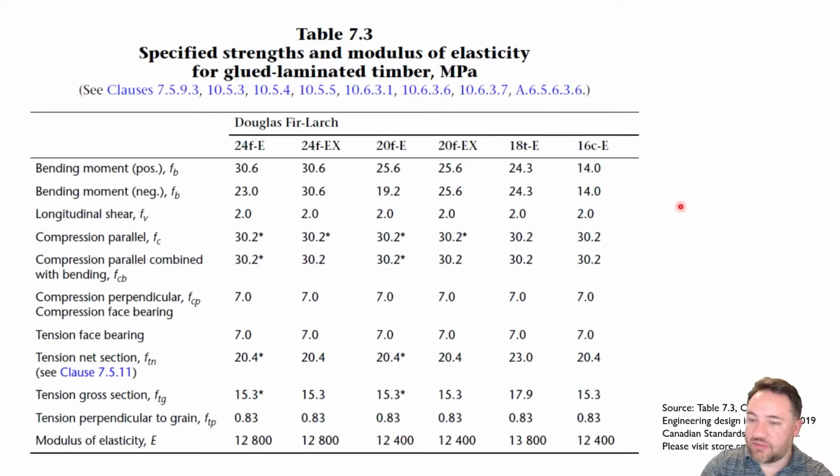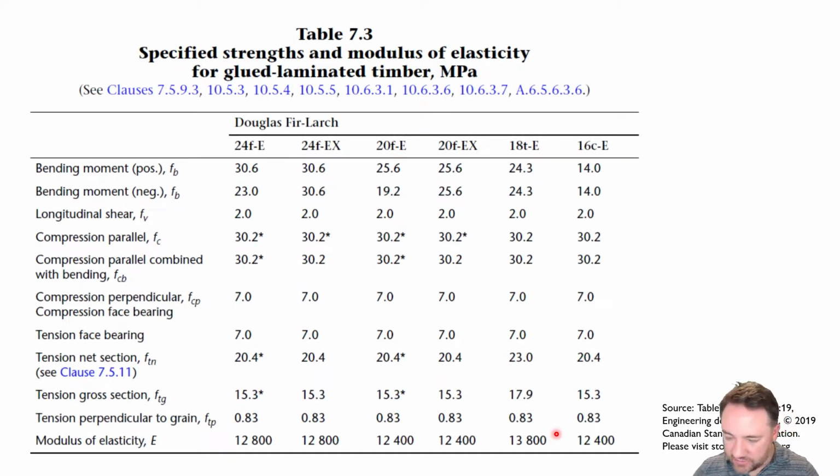So in table 7.3, basically we have an E value down here, modulus of elasticity, and this is the mean value for modulus of elasticity, so we can't use that. It's not conservative enough. So in the calculation for KC, it says specifically that in order to calculate E05, I can just use 87% of the E, and that gives me an approximation of the 5th percentile.